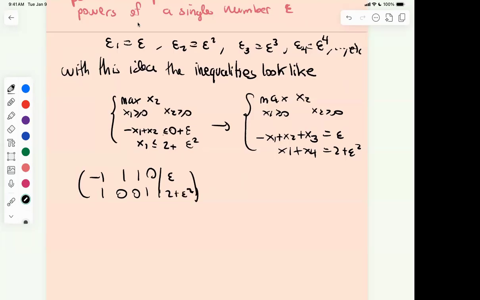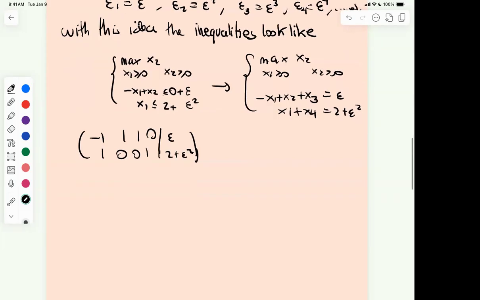But if you want to use the simplex method, what I have said is that it is convenient to add an extra row where you keep track of the function that you're maximizing. So this is the original Ax equals b, but now we add an extra row and column.